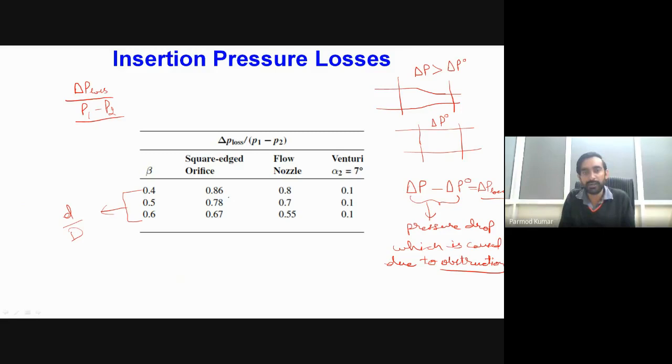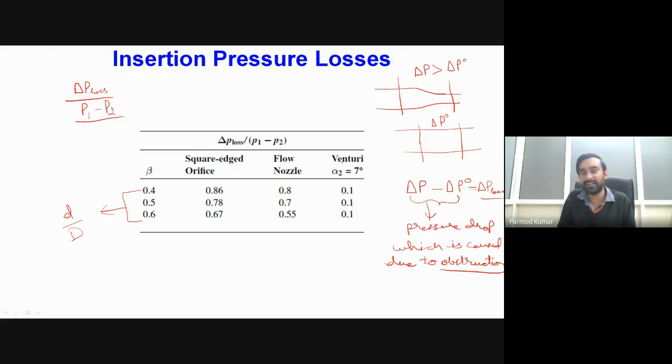You can see over here that 86% of the total pressure drop is created by this obstruction when beta equals 0.4. In the case of flow nozzles, there is a slight decrease in the pressure loss, so flow nozzles give slightly lesser pressure loss in comparison to the orifice plate.